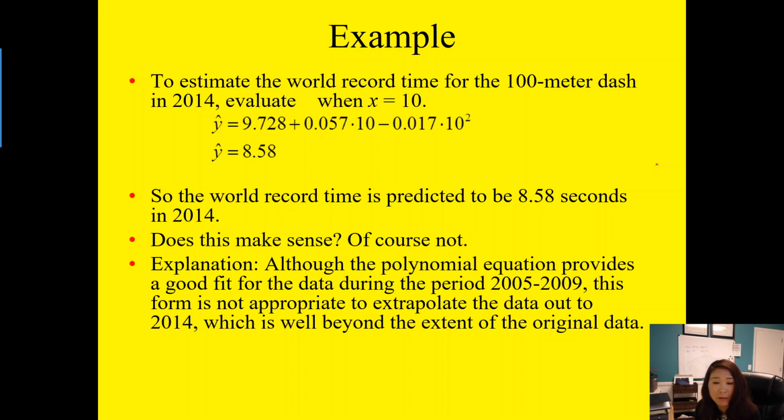Your sample data only relates to 2005-2009, so it won't be able to represent 2014, because from 2009 to 2014 there are a lot of changes, such as the running shoes technology changing, and how coaches train the athletes will change. Therefore, you cannot use the model to predict what's happening in 2014.